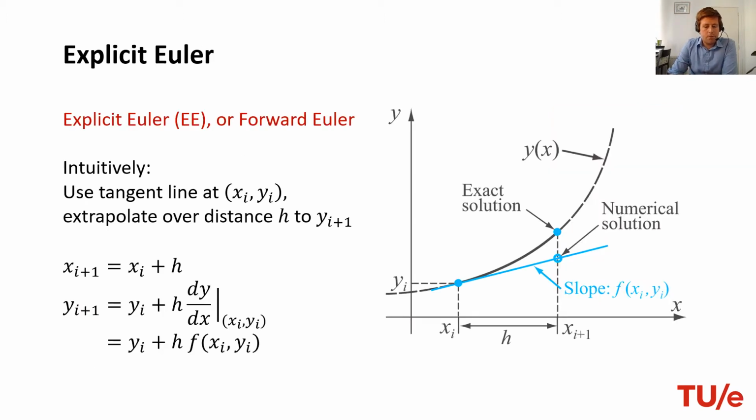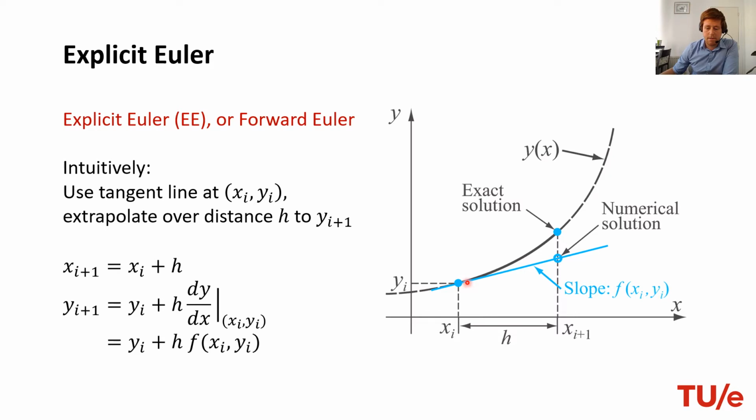So explicit Euler, also called forward Euler, is a very intuitive method from my point of view. What you actually do, and you can look at it on this figure over here, is use the current slope of the direction field. So we use tangent lines at the current point in order to extrapolate the solution over a distance h to the new step.